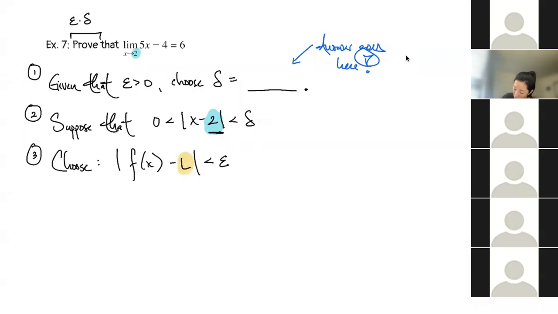So based on the question, can someone tell me what our L is and what our f of x is? Good. L is 6. Good, good. And what is our f of x?